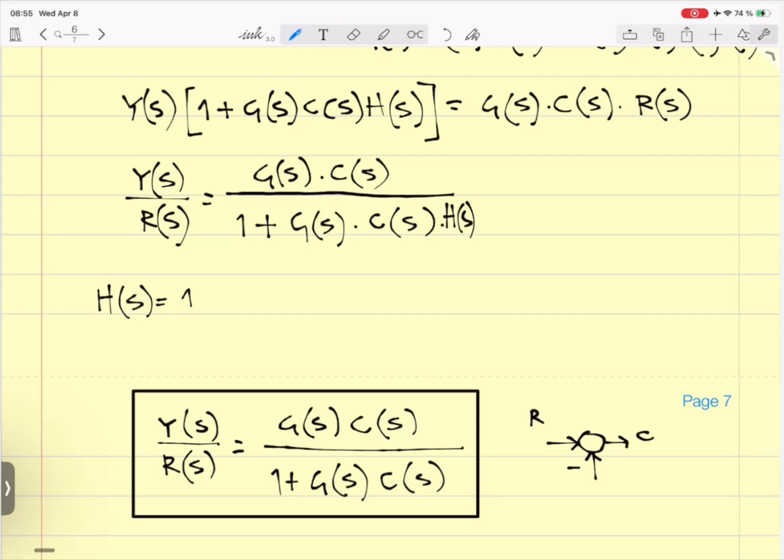We have a controller, we have a system, we have an output, and we have a feedback loop. And this, my friends, is the very basics of logistics. Okay. This improves tracking, reduces sensibility to disturbances, speeds up response.